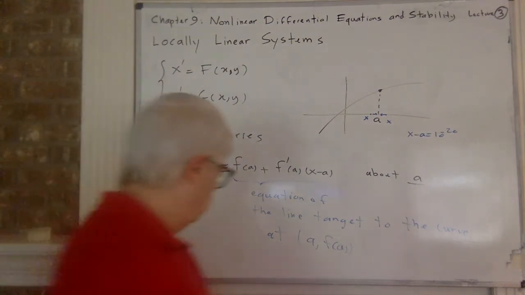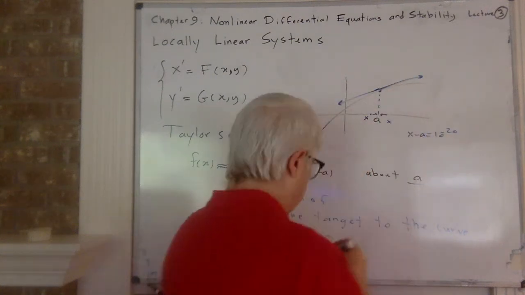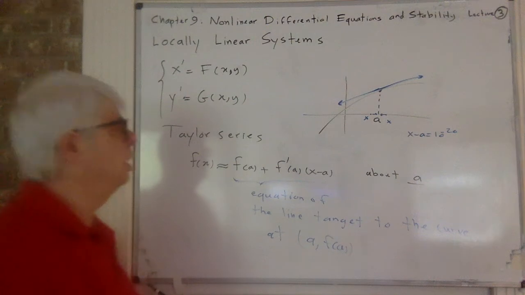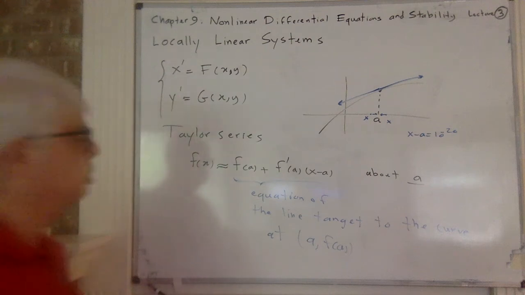So it is the equation of this tangent line. You probably don't remember, but that was the linear approximation to a function, and that's an amazing approximation. Now, this is not a critical point, that's just any point on this function.